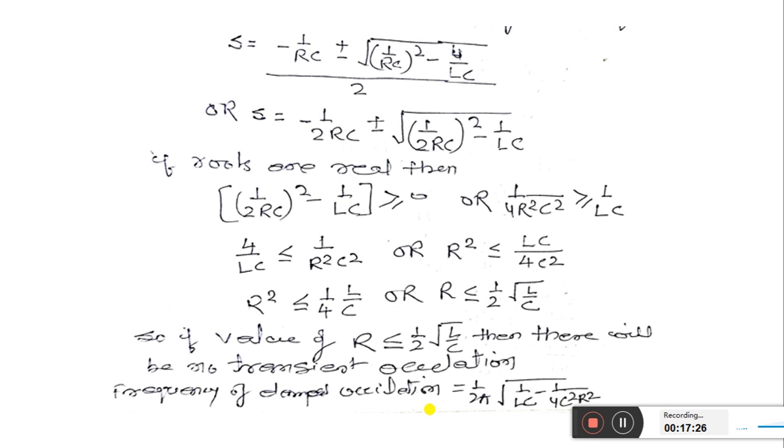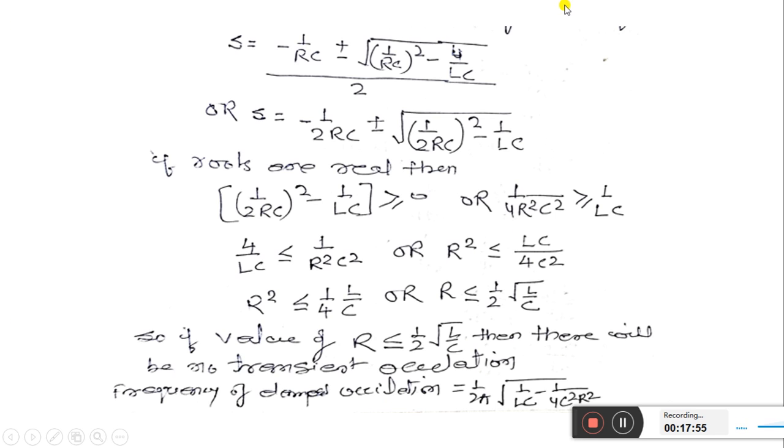So we have discussed in this lecture what resistance switching is. Resistance switching means the value of resistance which must be connected across the circuit breaker contacts so that we can reduce the magnitude or the peak value of the restriking voltage, and also the rate of rise of restriking voltage.